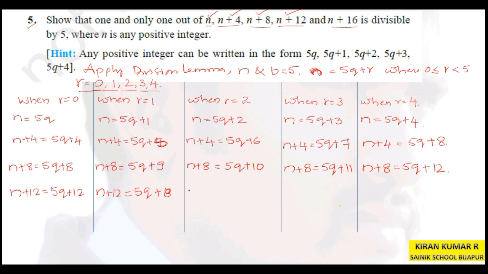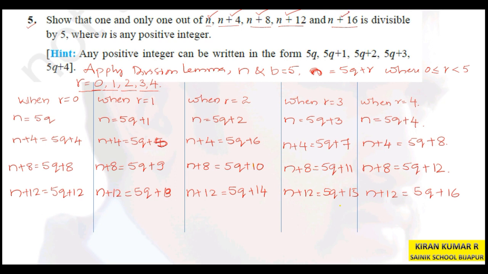When remainder is 2, n plus 12 will be 5q plus 14. When remainder is 3, n plus 12 will be 5q plus 15. When remainder is 4, n plus 12 will become 5q plus 16. That is for n plus 12.